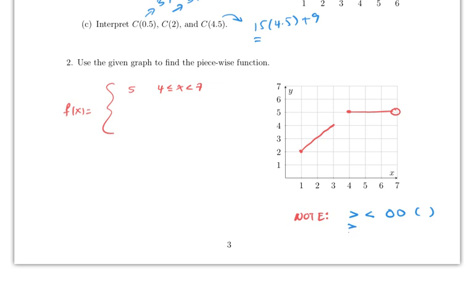If you have this or this, you can use closed circles or brackets, okay? Because we're going to need this a lot. In calculus, they only use this, but for now, until you get used to it, it's okay to use this. So therefore, since this is open, that means it cannot have the equal sign, that's all, okay?